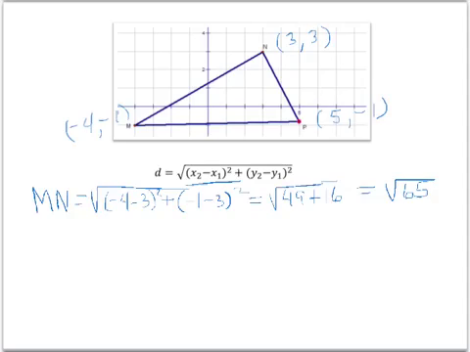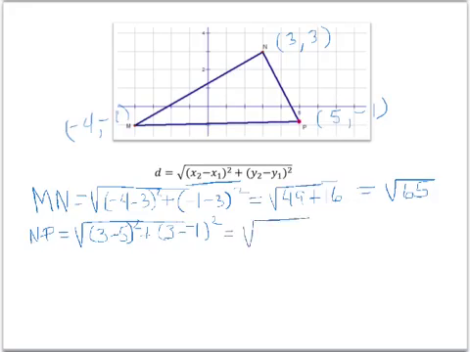Next, let's find the distance from N to P. The difference in the x coordinates would be 3 minus 5, plus the distance in the y coordinates would be 3 minus a -1, and square that quantity.